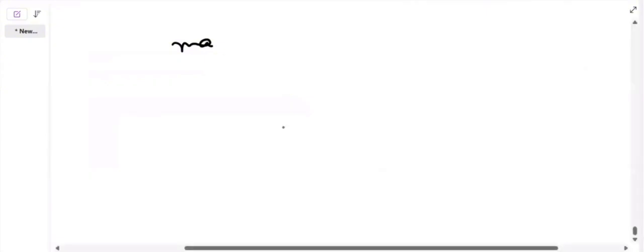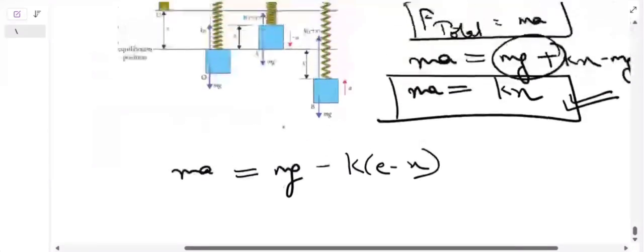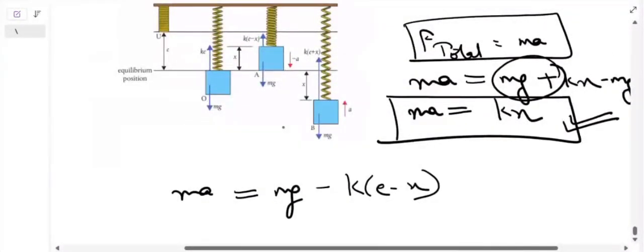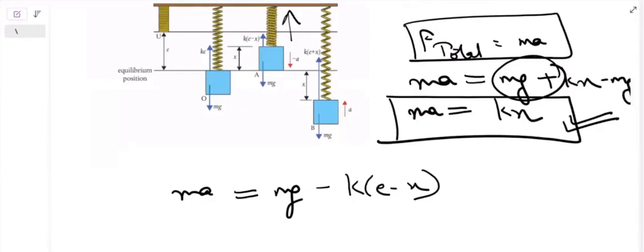Check. My ma will be, I'm writing here, mg minus k(e minus x). For which position am I writing? Tell me. For the compression. Yes, for compression. I'm compressing in this direction, so this direction will be my positive direction and mg is hanging in this direction.